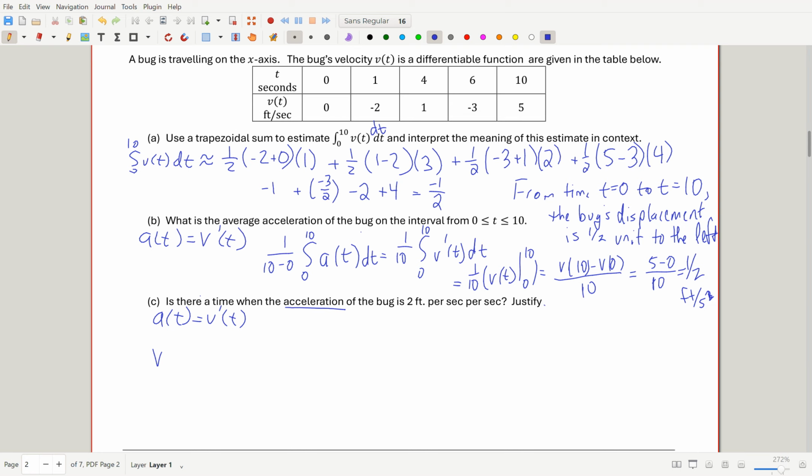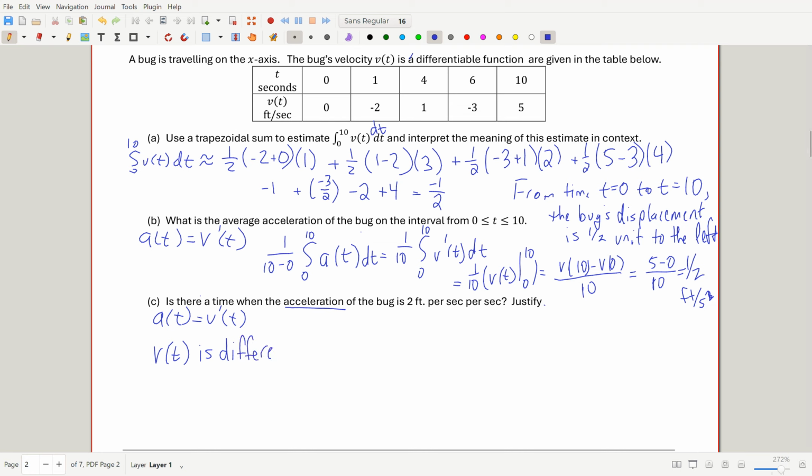Okay. Let's start. Reset. So now what do I want to say? What's differentiable? V of t from 0 to 10. V of t is differentiable. We want to know if there's a time when acceleration is 2.